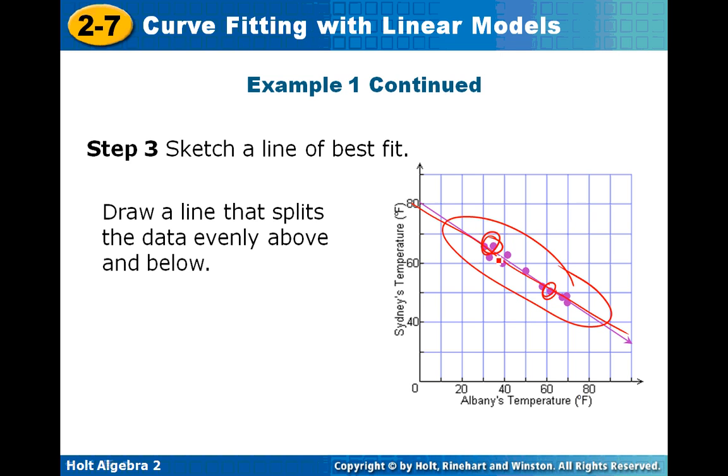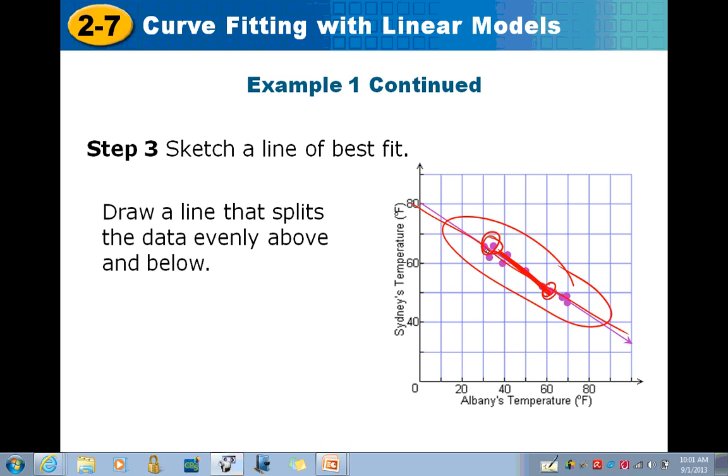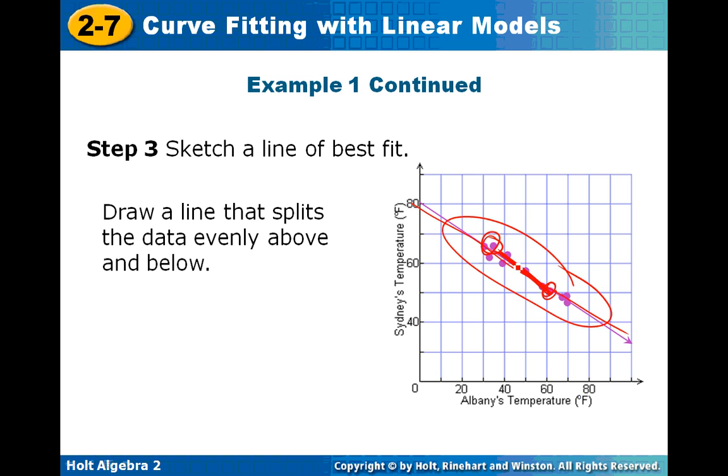You select 2 points that are very close to the line, and you're going to find the actual slope between them. Actually, they're not very close. They have to be exactly on. I made a boo-boo. You find 2 points that are exactly on that line you sketched.